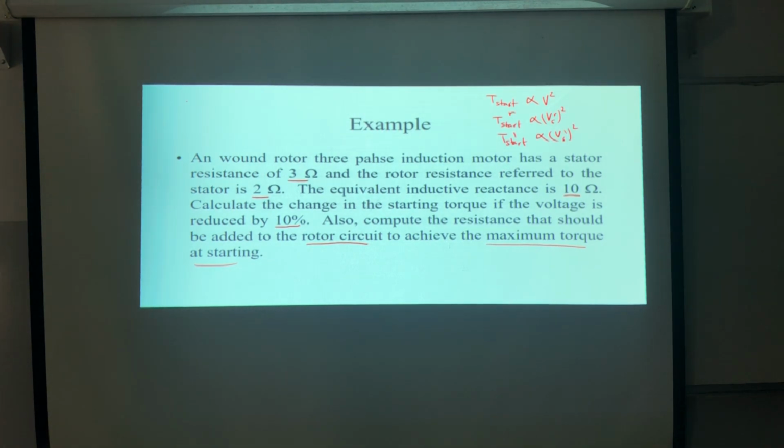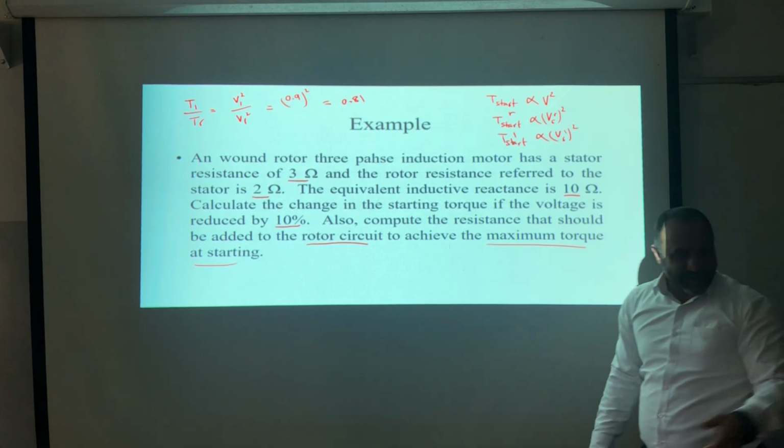If I'm taking the ratio, T1 over T rated will equal V1 squared over V rated squared. So this equals 0.9 squared, which equals 0.81. So how much reduction will I have? Almost 20%.